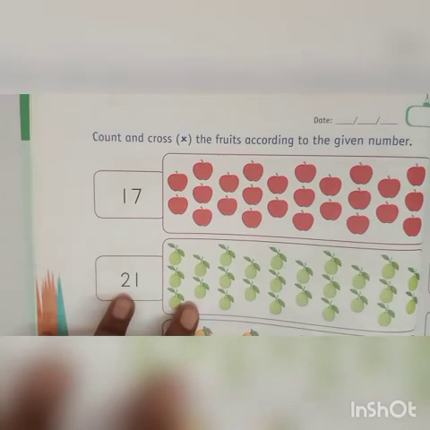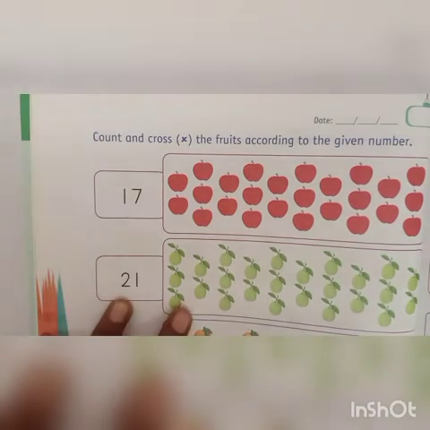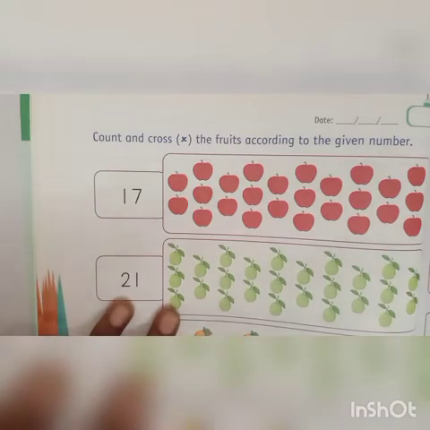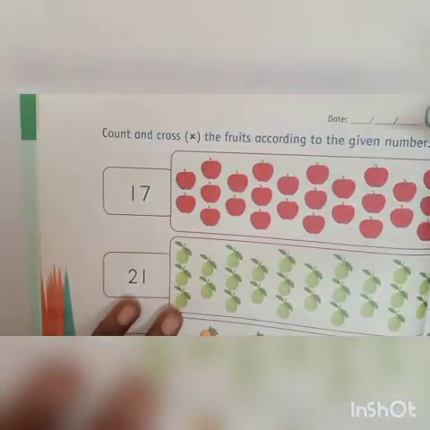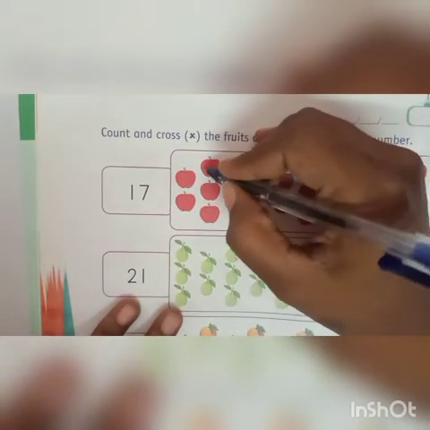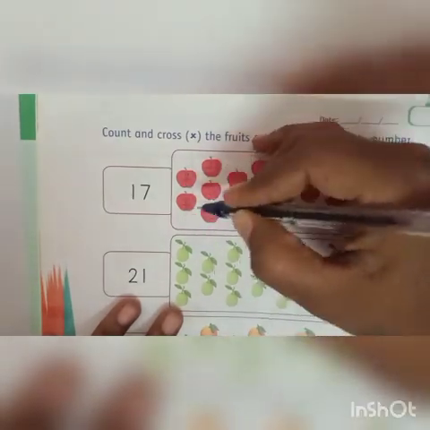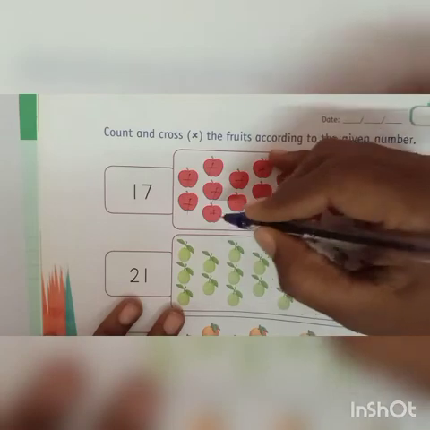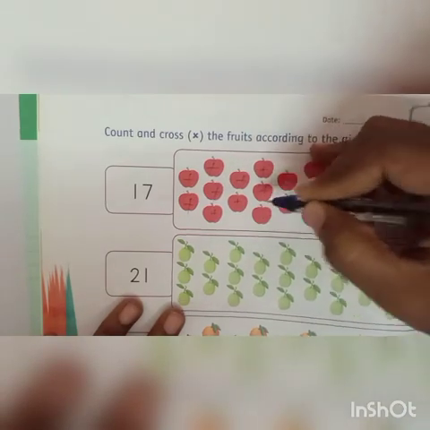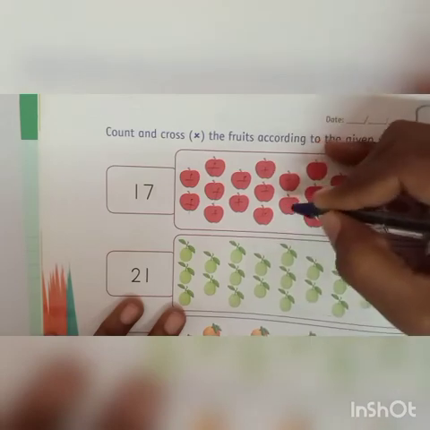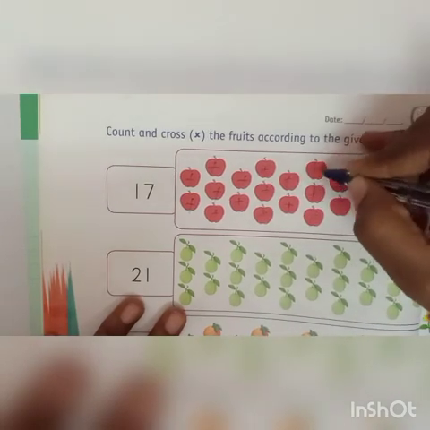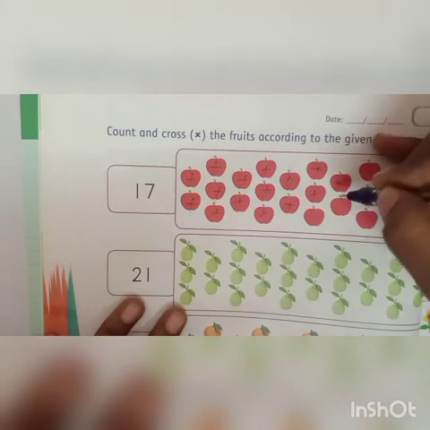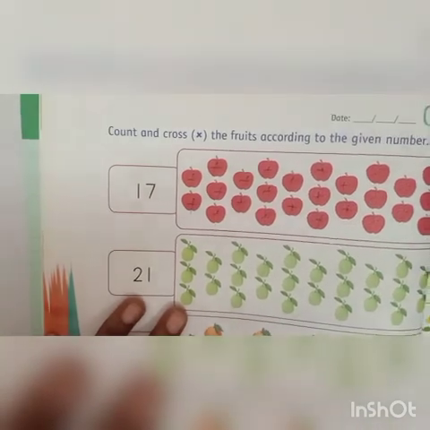Now count and cross the fruits according to the given numbers. Okay, so you have to cross the pictures. 1, 2, 3, 4, 5, 6, 7, 8, 9, 10, 11, 12, 13, 14, 15, 16 and 17.